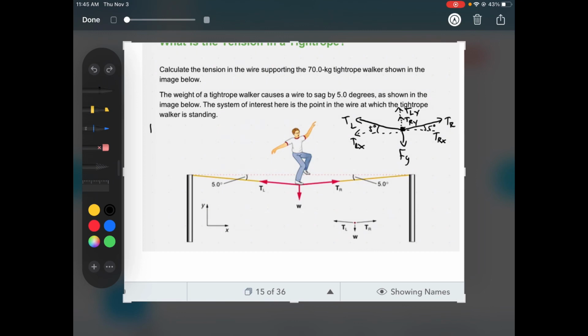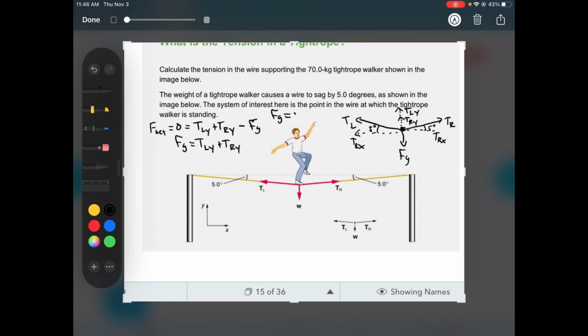This tightrope walker is not moving, so our net force is 0, which means TLY plus TRY minus the weight is equal to 0. So we move that weight over, and the weight is equal to TLY plus TRY.